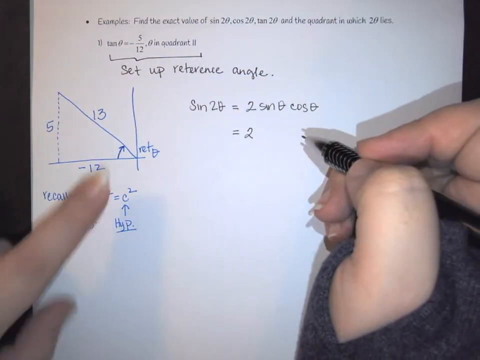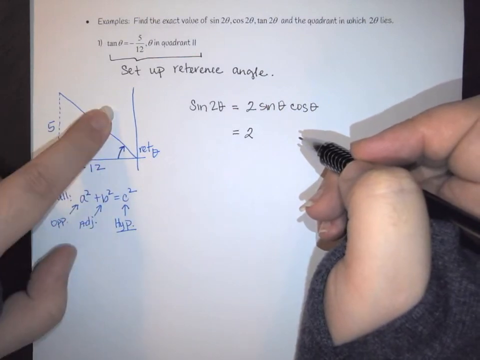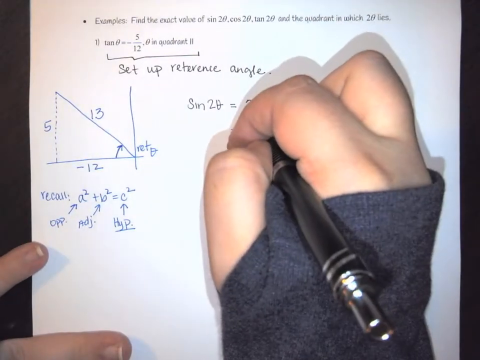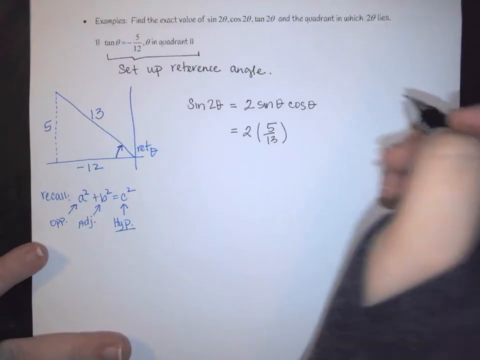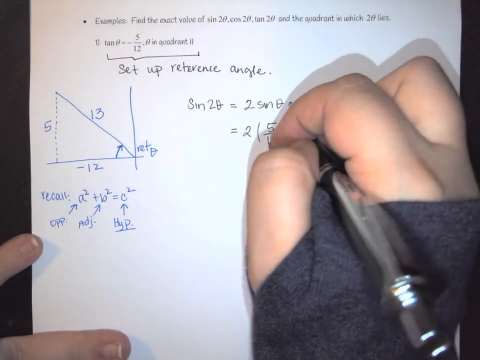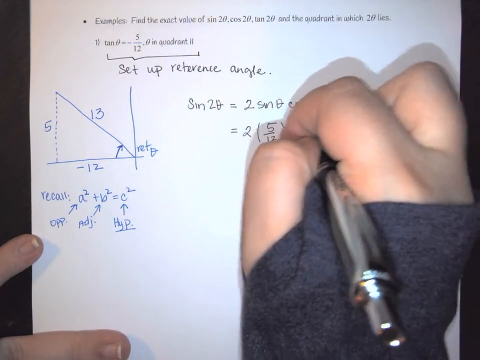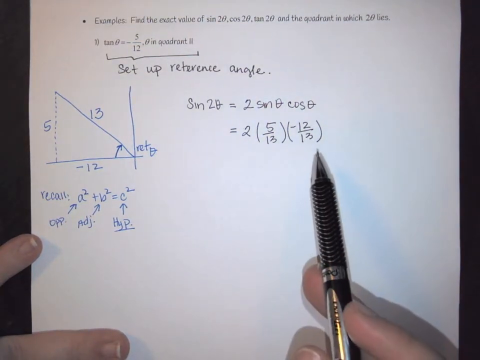Now the sine of theta, so I'm talking about this reference angle here. Sine is opposite over hypotenuse. So this is going to be times 5/13 times the cosine. Cosine is adjacent over hypotenuse. So this is -12/13. Now here you would go ahead and use your calculator.